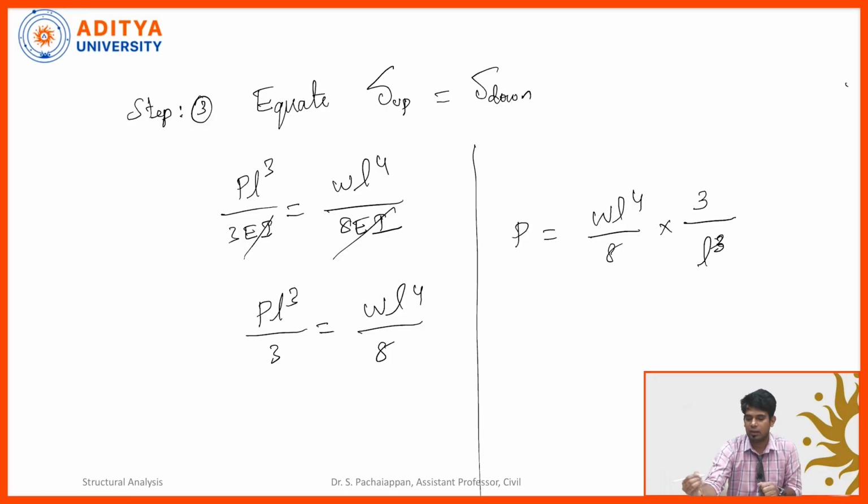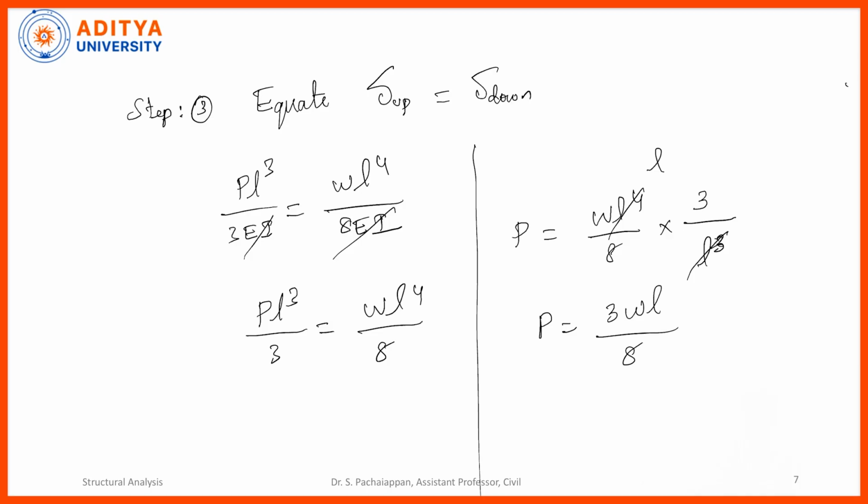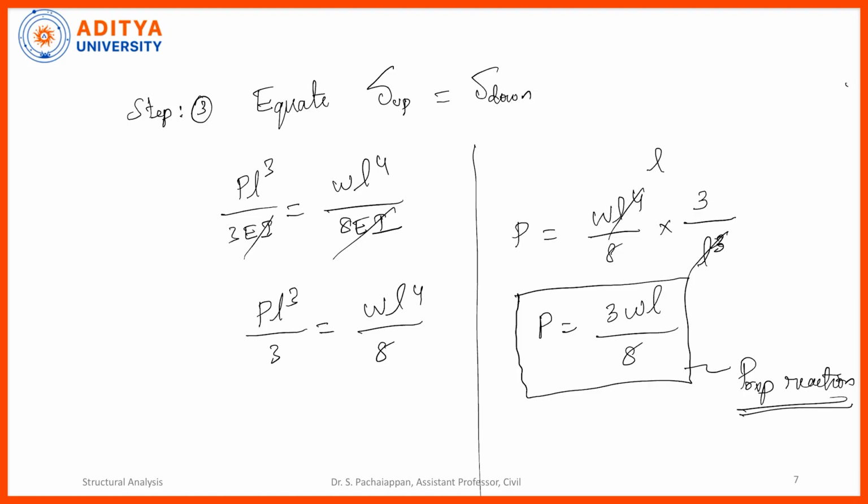Let's cancel this, we will have L alone. So P is equal to 3WL by 8. So 3WL by 8 is the prop reaction we have calculated.